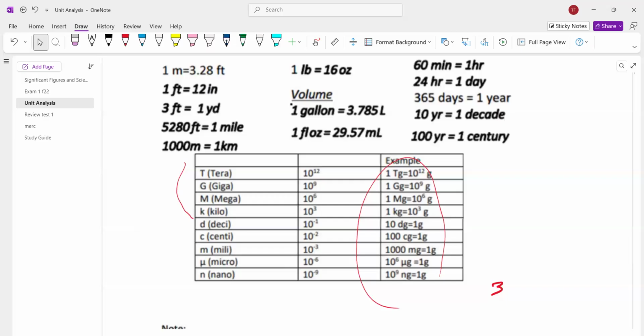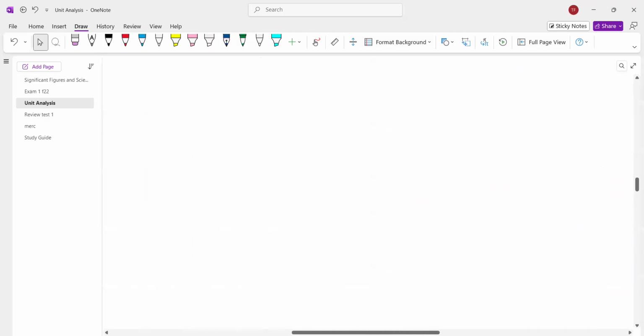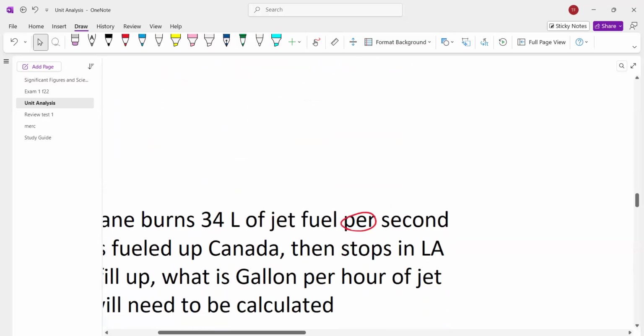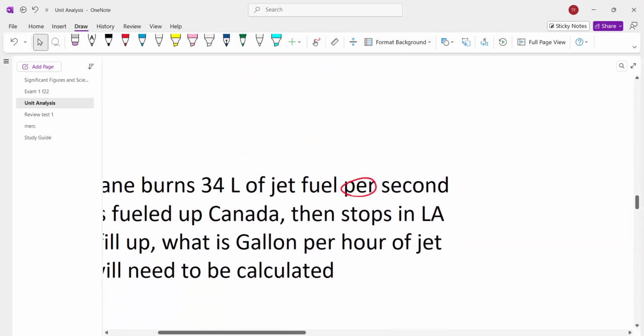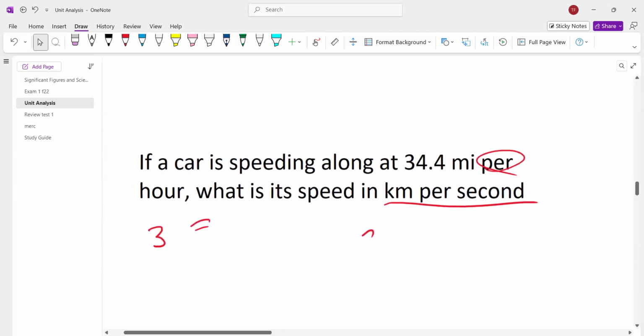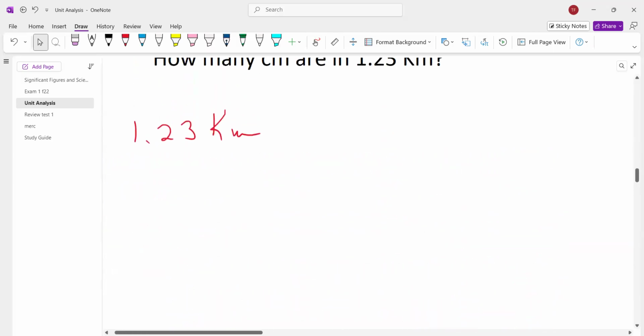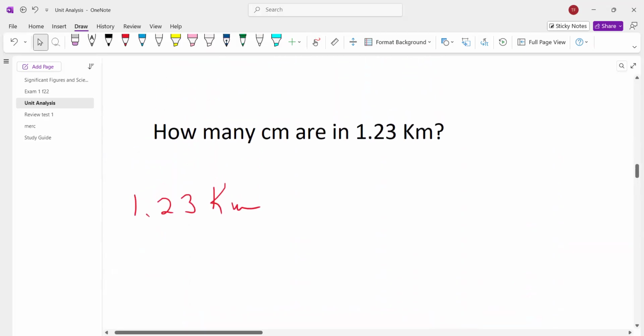Okay, so we need to go from centimeters to meters and meters to kilometers.